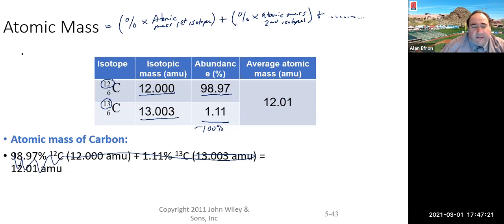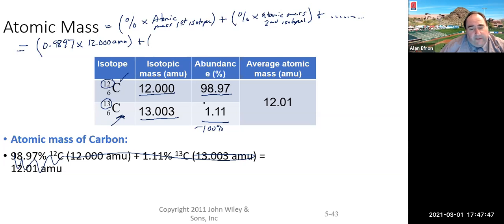So if we were to do this calculation to figure out the atomic mass, we would take our first isotope, which would be this guy. We would take the percentage and convert it into a decimal. That means move the decimal point 2 places to the left, times it by the atomic mass of our first isotope. Then we would add it to the second isotope here.